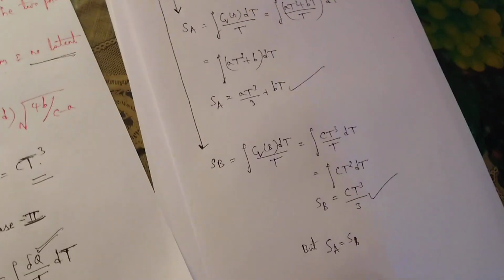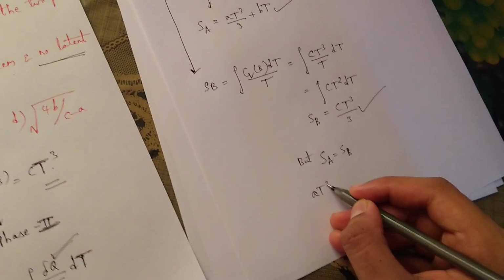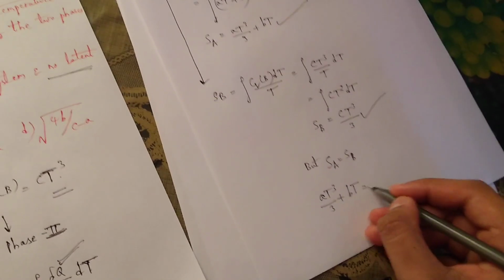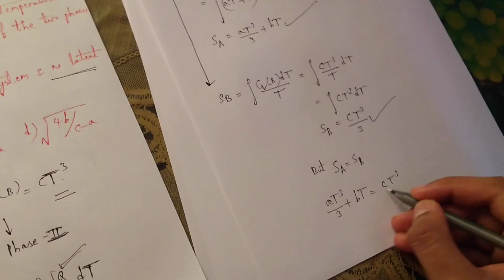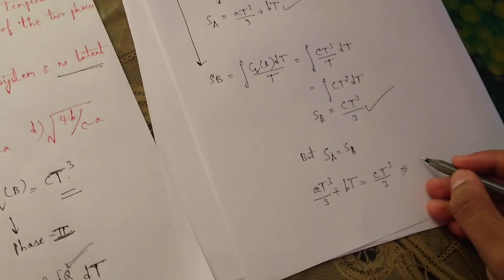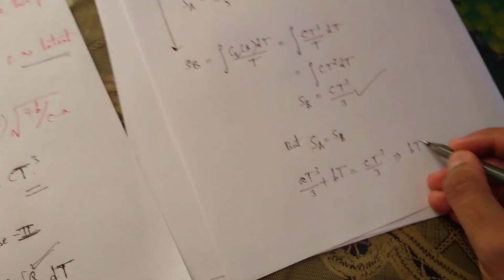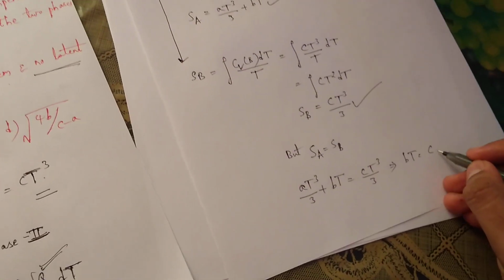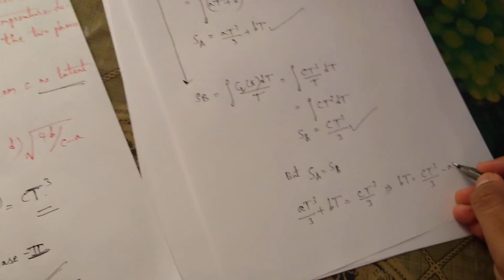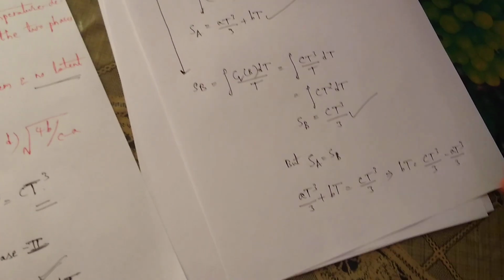A T cubed by 3 plus B T equals C T cubed by 3. That implies B T equals C T cubed by 3 minus A T cubed by 3.